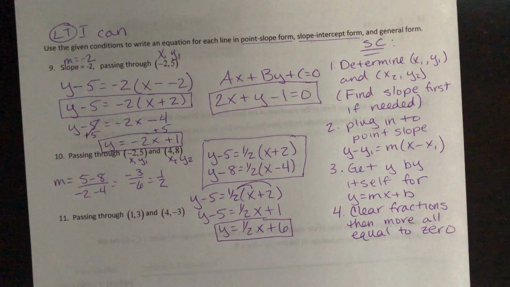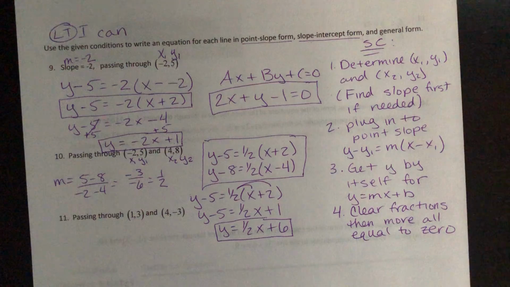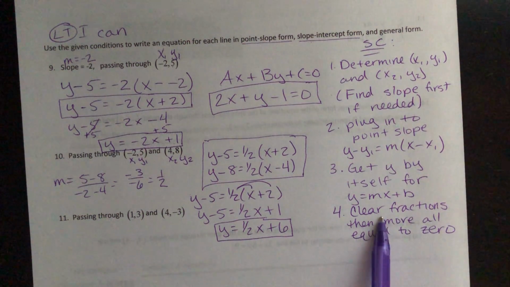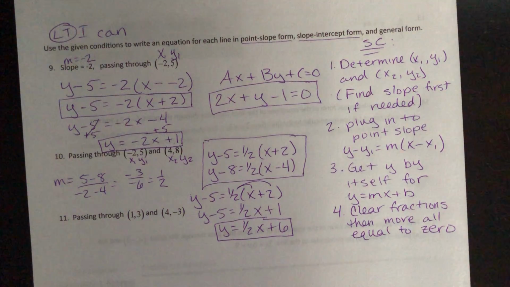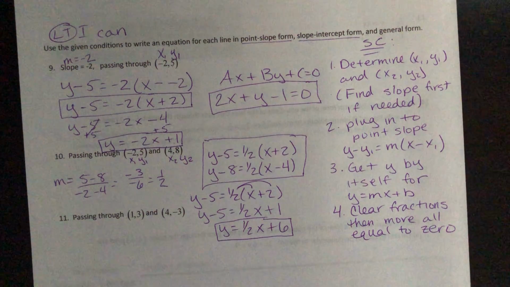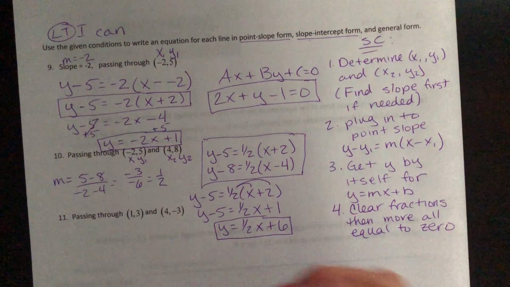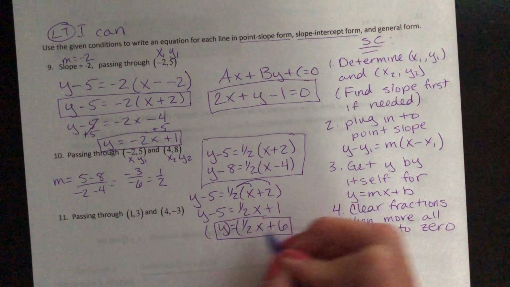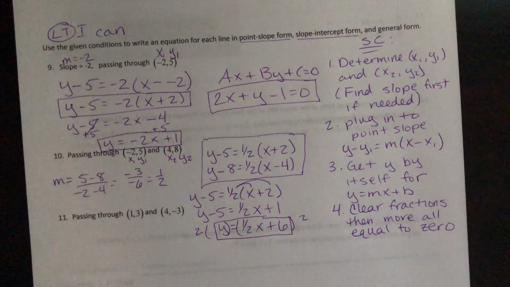All right, now we have the slope-intercept form. Lastly, we need to get it into general form. That's that ax plus by plus c equals 0. So for this, where am I here? Right here, I'm on step 4. You must clear your fractions first. So to clear the fractions, you're going to multiply by the denominator here. So my denominator is 2, so I'm going to multiply both sides by 2. Kind of messed up my answer there.